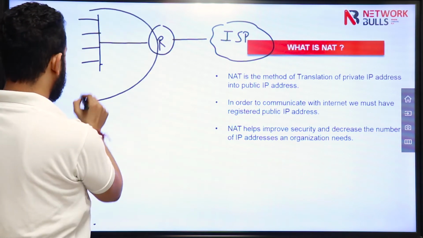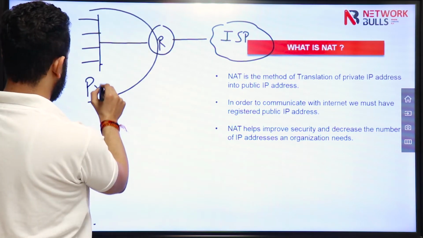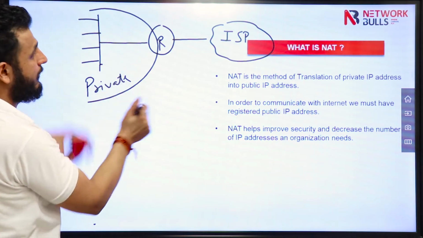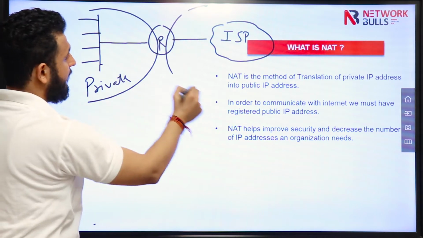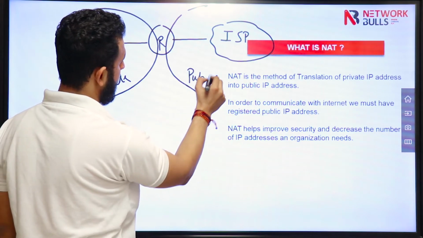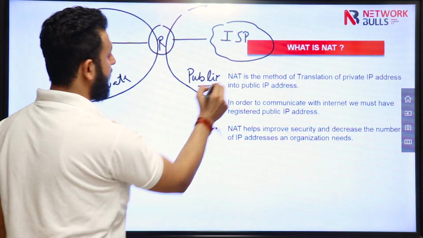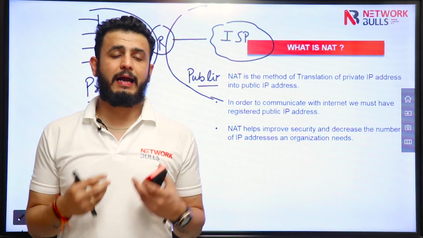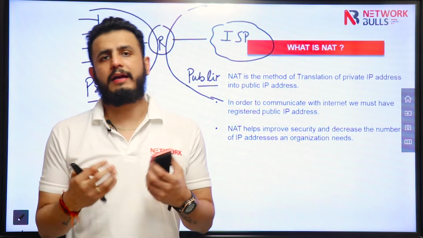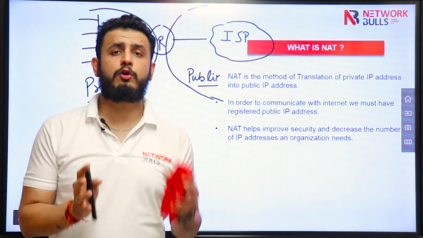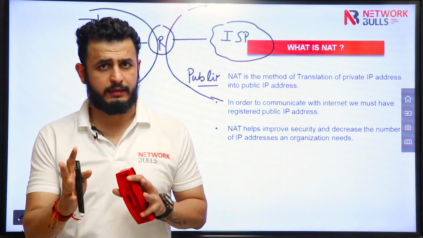I will call these addresses private addresses, or I can also call this a private network. These addresses will be the public network. Whenever you want to reach any site which is available on the internet, you should have a public address. If you don't have a public address, you cannot reach the internet.